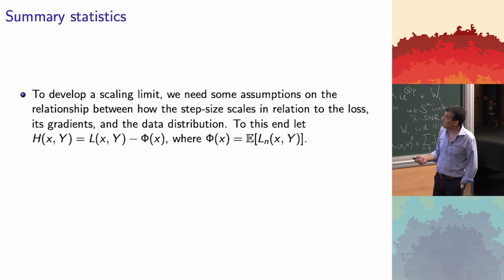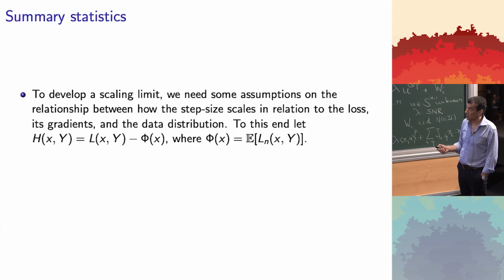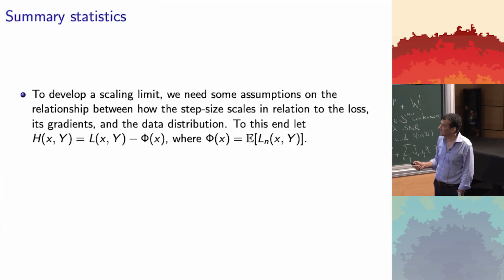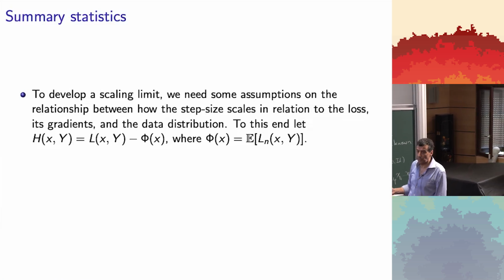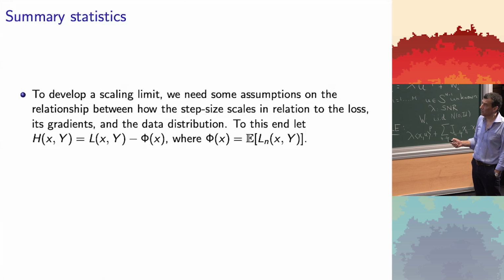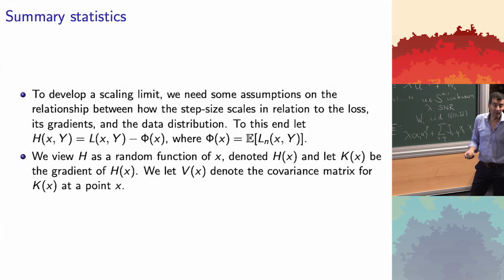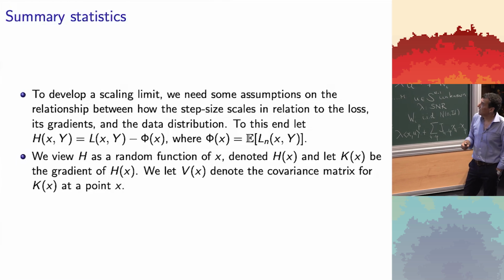So to develop a scaling limit, I need some assumptions. So I call h, this is the loss function, I call h the centered loss function. Remember, this is the population loss, which is the expectation. There's no n here. So this is just the centered loss. And I view h as a random function. It is a random function. And I will call k its gradient, and v the covariance matrix of this gradient.